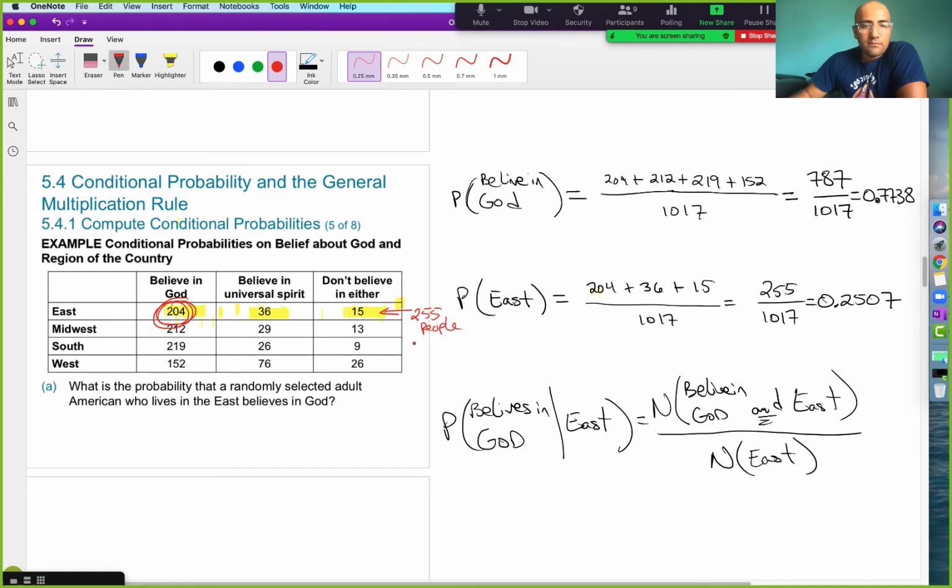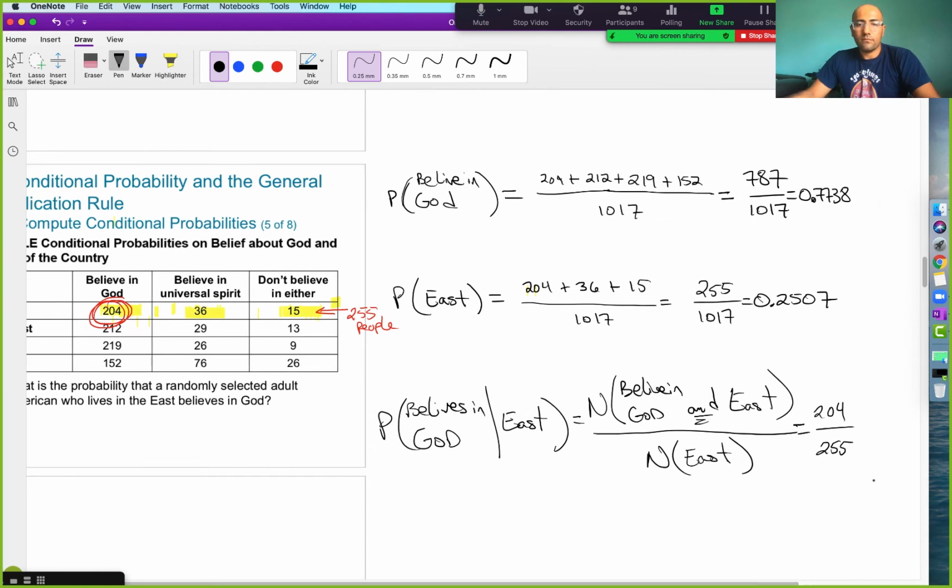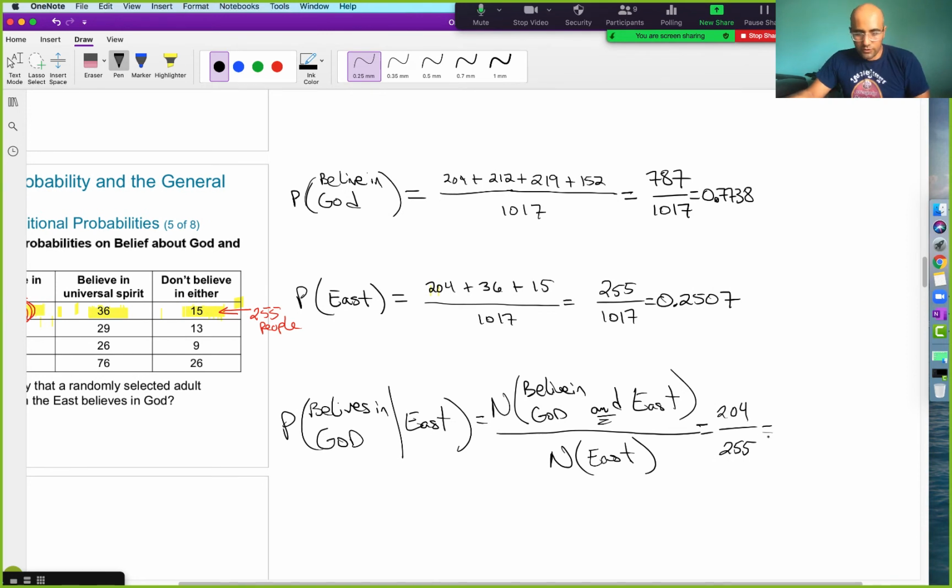So this fraction has to be 204 divided by 255, which equals 0.80, or an 80% chance.